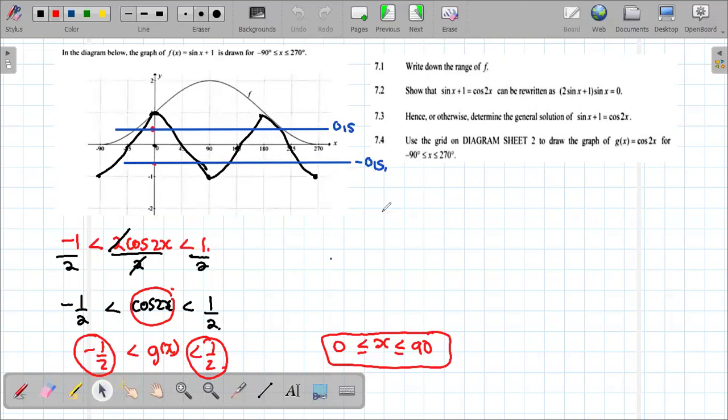Basically, I'm looking at this portion because that's the line of g of x. I'm looking at this portion. It's hard to interpret. I know you guys gonna get this wrong. It's hard to interpret. I'm looking at this portion.